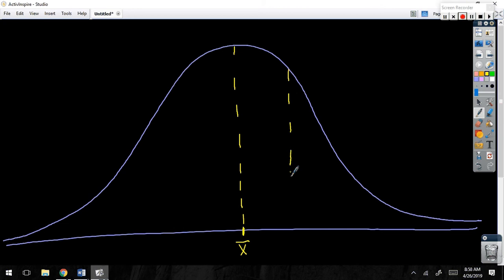So 1 standard deviation away, this is x bar plus and minus. Now, we all agree that between the 2 yellow dashed lines furthest apart is 68% of our data, right? Well, if that's 68%, then each one of the yellow bars should be how much? 34.